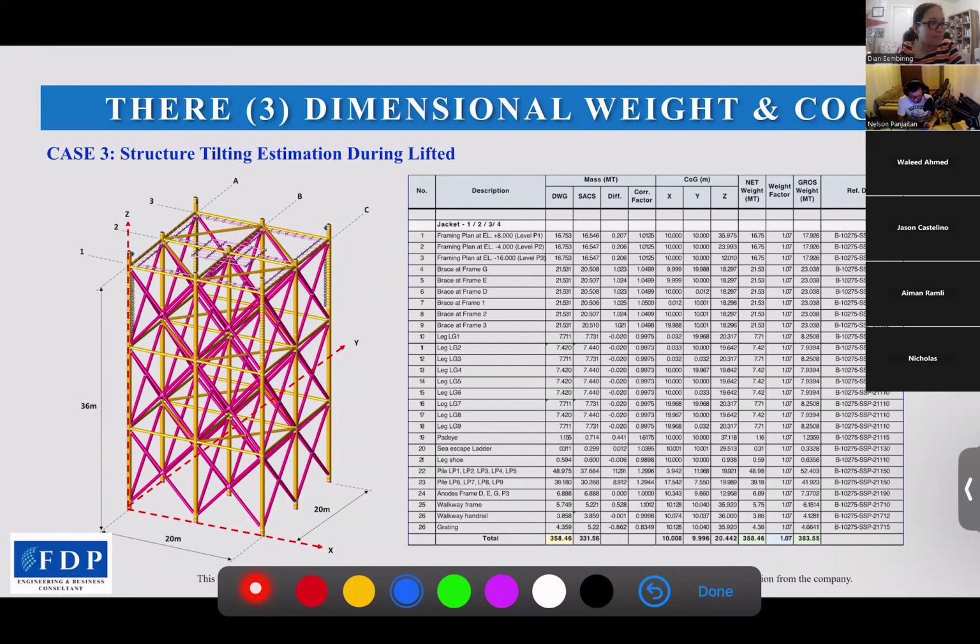We have a jacket 20 by 20 meters. The total mass is 358.46 ton, and the COG, same as before, is 10.008 meters in the X direction, 9.96 for Y, and 20.442 for Z.